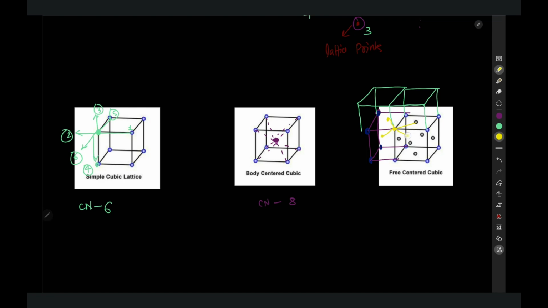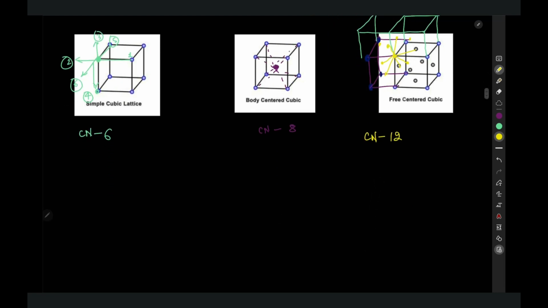So in the plane there are 4 atoms. Just above the plane there will be 4 atoms here also, and just like that there will be 4 atoms below as well. So the coordination number will be 12 for FCC. Similarly, the coordination number of HCP is 12. Coordination number for diamond cubic is 4.